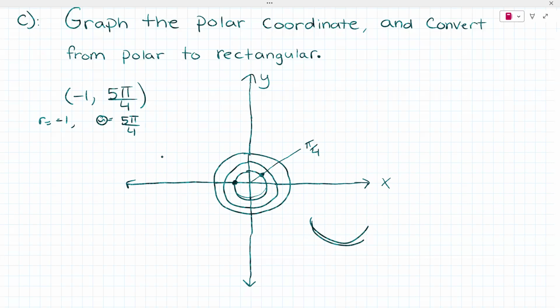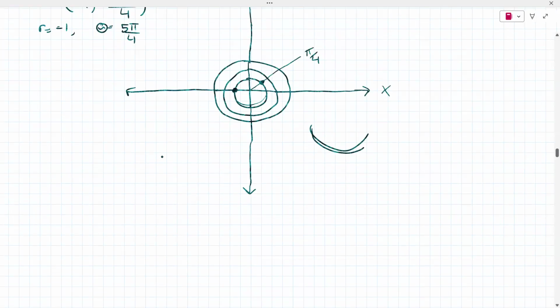Okay, let's convert it to rectangular. So we know that our x is r times cosine theta, and my y is r times sine theta. Okay, so my radius is -1, and cosine of our theta, which is 5 pi over 4.